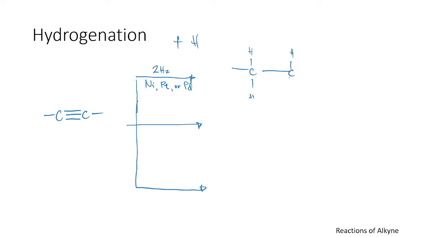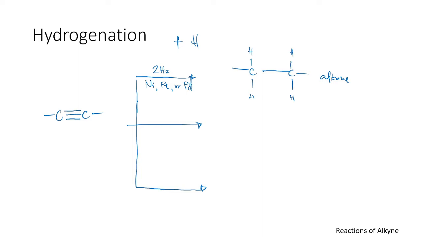The triple bond will be removed, passing through an alkene at that triple bond. So we can directly convert our alkyne to an alkane by simply introducing 2 molar equivalents of hydrogen.